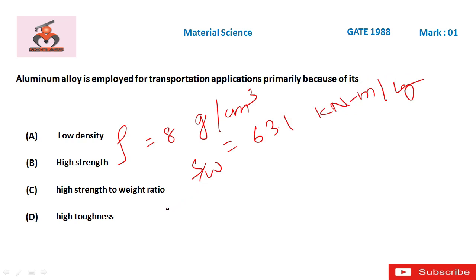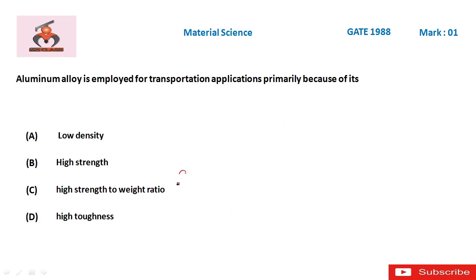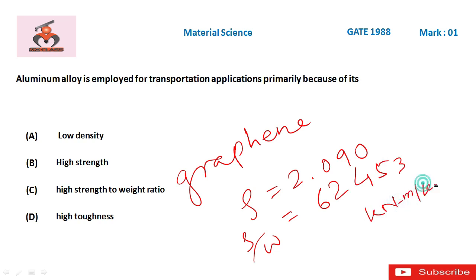But the material on which recent development is going on at a very fast rate is graphene. The density of graphene is 2.090, and the strength to weight ratio is 62453 kilonewton meter per kg.